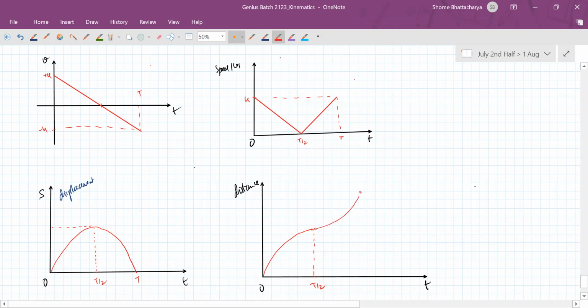So you take a mirror image of this section. This is what is happening at capital T. Whatever maximum height it was going to, u square by 2g, the total distance is double of that. From 0 to capital T it is 2 times u square by 2g.